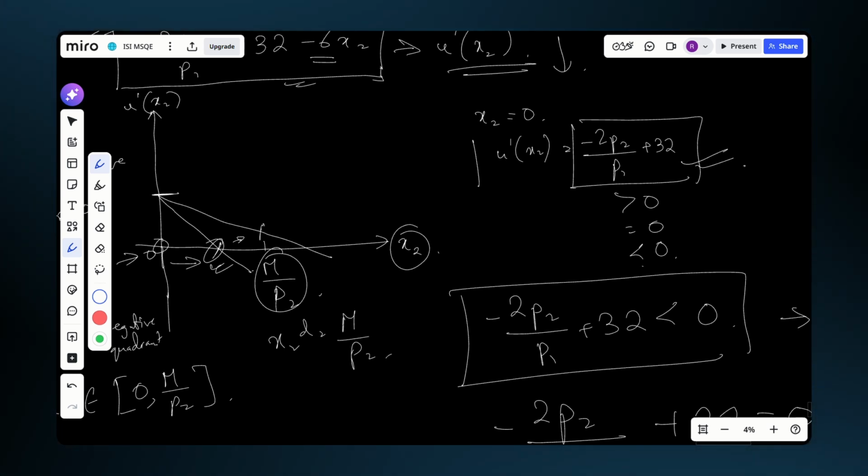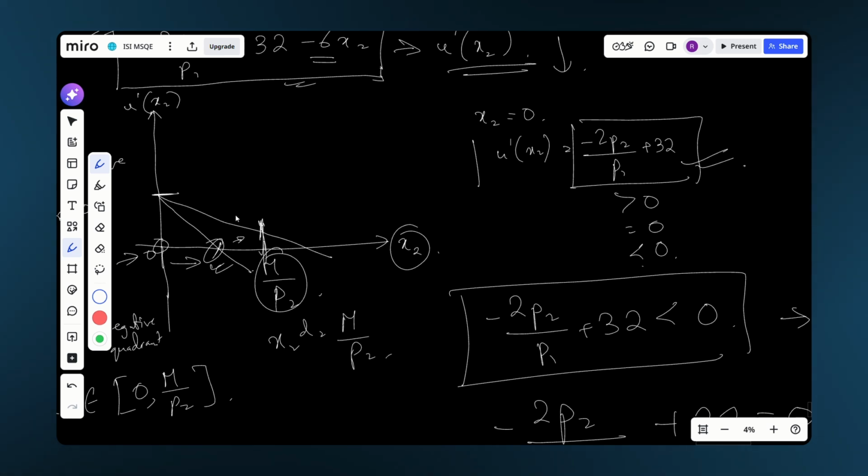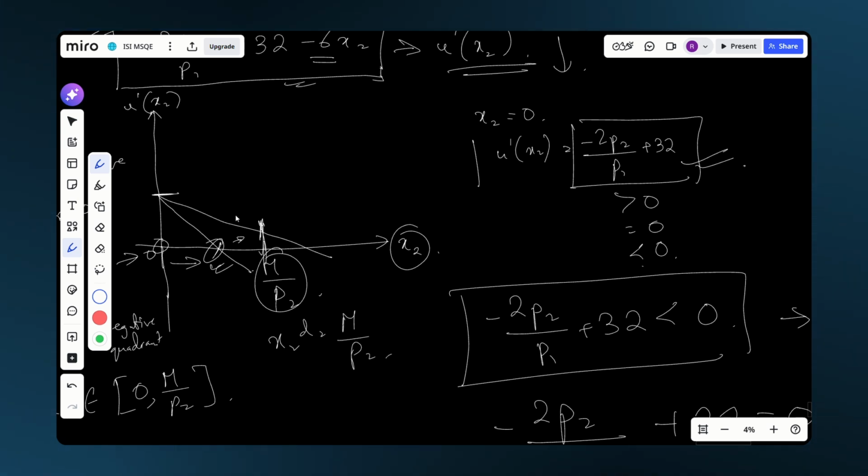Because that is the constraint, right? I can't go beyond that. Even though I want to go beyond that, I will not be able to because I have been bounded. So I'm again starting from where I am consuming nothing of x2.